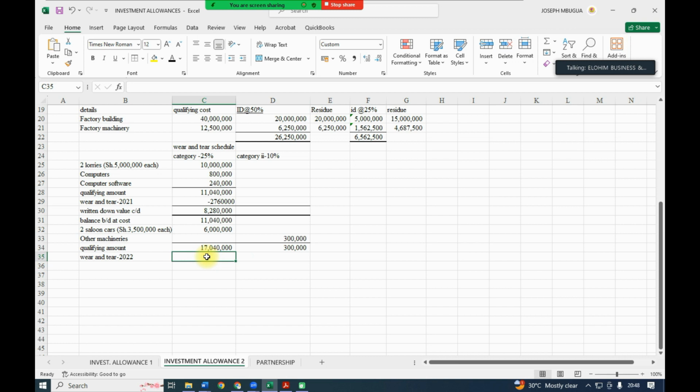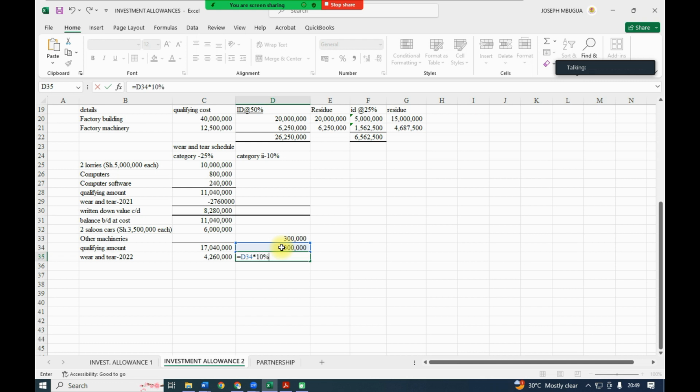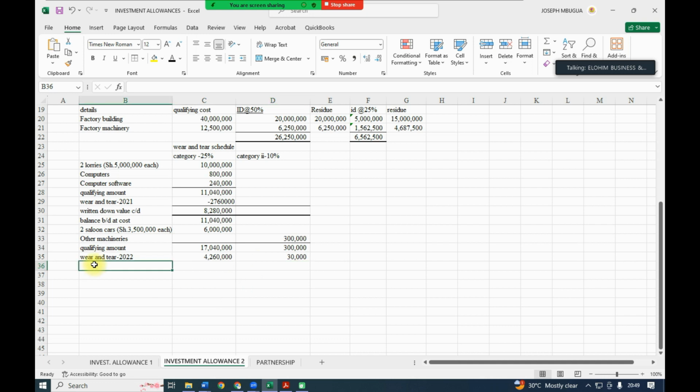So for 2022, we take this still by 25%, and we take this now by 10%. The second category at 10%. Get the written down value. Yeah, this one is for 2022. Written down value for 2022.